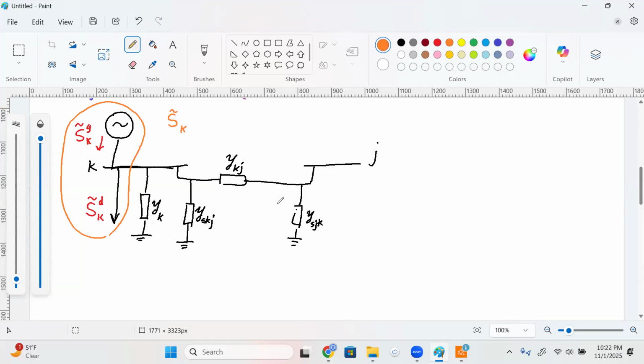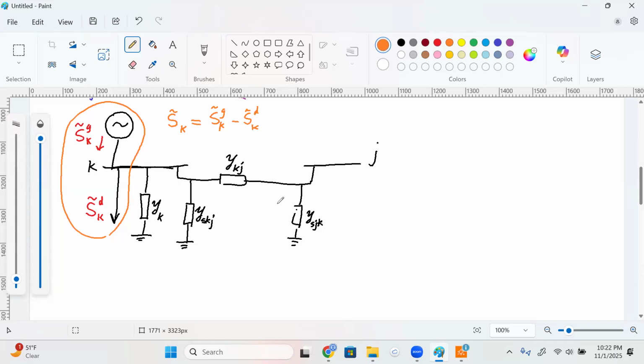This is the net power injected into bus K, which is defined as the generation at that bus minus the demand at that bus. Notice how generation has the positive sign. Anything that is injected into that node is positive. Anything that is consumed at that node or withdrawn from that node would have a negative sign. So S_K would be the net power injected at bus K.